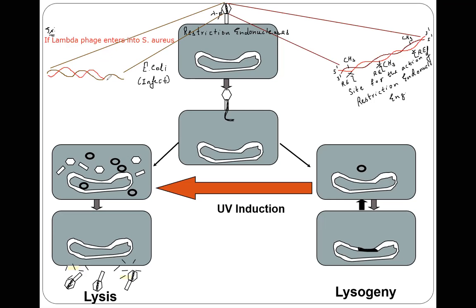Now see, I'm again drawing its genetic material just for the sake of understanding. This is the double-stranded DNA. It has the pattern of methylation for protection against restriction endonuclease of E. coli, but it won't have those for staph, and so staph restriction endonucleases are going to cleave it. So it would be cleaved by S. aureus RE.